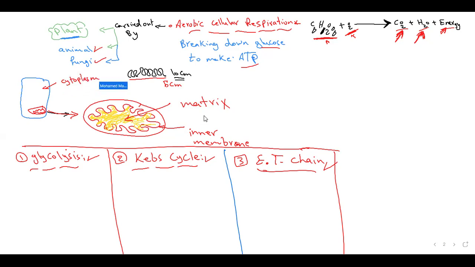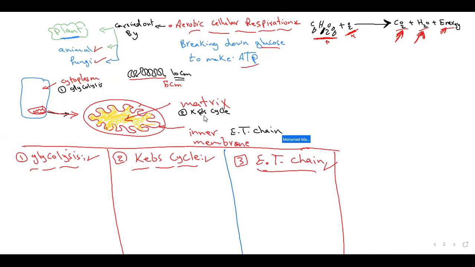So the cytoplasm is the place of glycolysis. The matrix is the place of the Krebs cycle, and the inner membrane is the place of the electron transport chain.